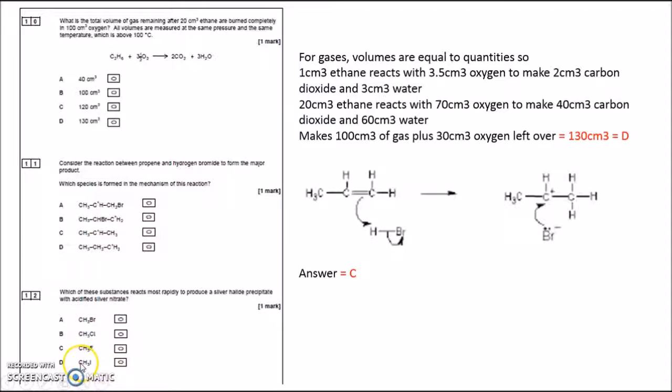So in terms of the strength of the bond, when you're talking about the atoms getting closest together and holding on to the covalent bond in between the two atoms, because the I is so large, the C to I bond is longer than the other three, and so therefore this is the weakest bond. If this is the weakest bond, it's going to break most rapidly, and the silver iodide that's formed as a yellow precipitate will be formed most quickly. So your answer is D.